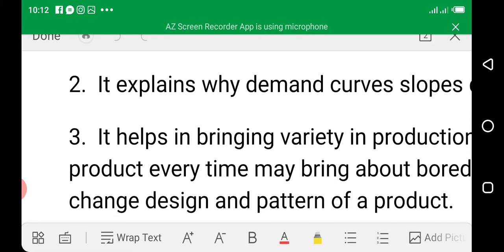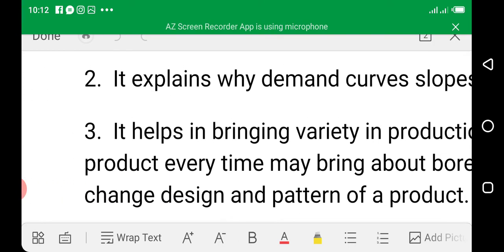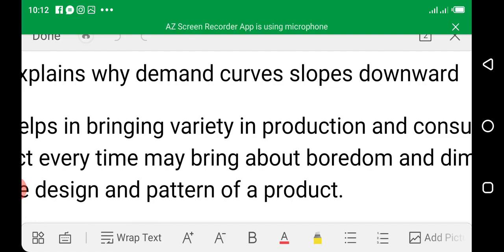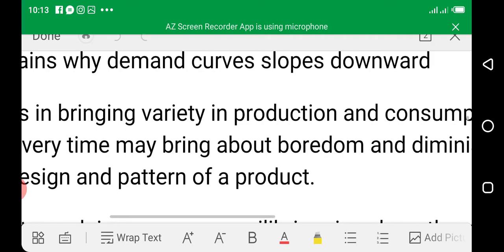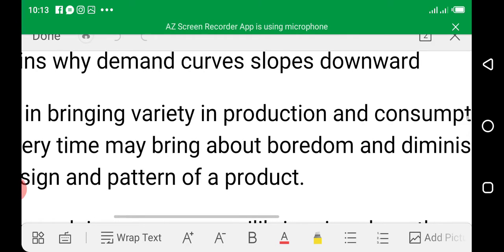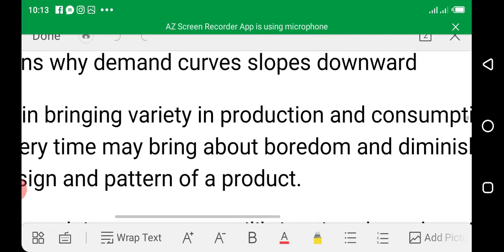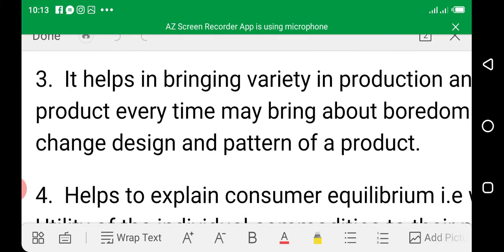Number 2, it explains why demand curves slope downwards. As soon as the additional unit is consumed, the utility will diminish or reduce drastically.